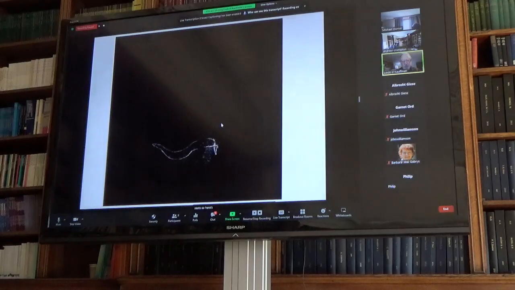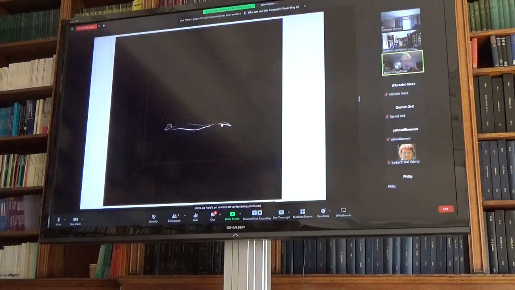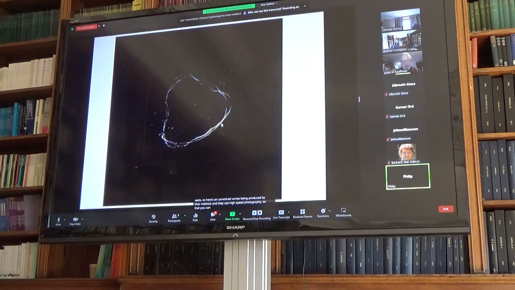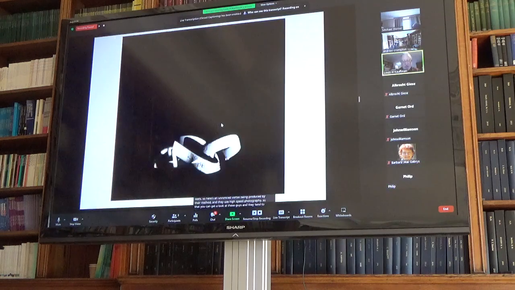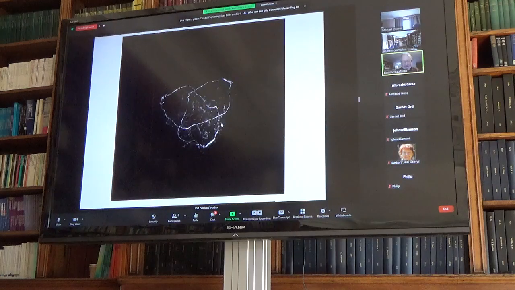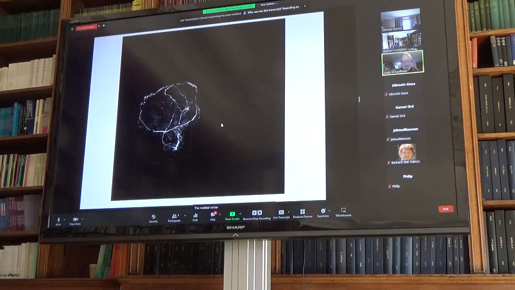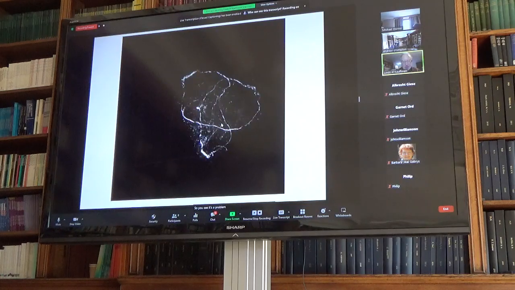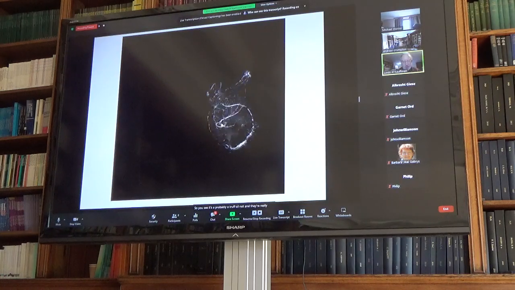So here's an unknotted vortex being produced by their method. And they use high-speed photography so that you can get a look at these guys. And they tend to disintegrate very rapidly. Here's the knotted vortex. So you see it's palpably a trefoil knot, and there really is a knotted vortex there.